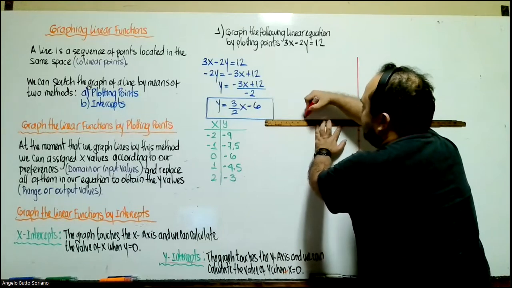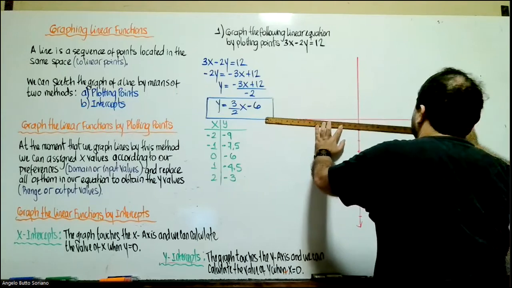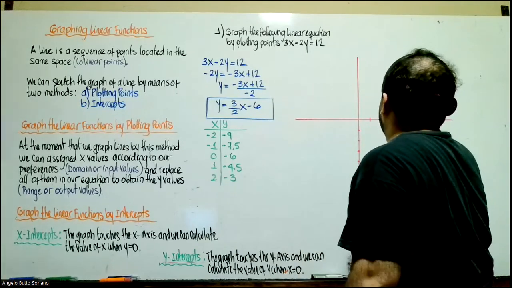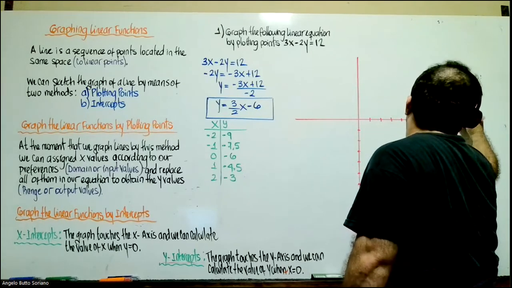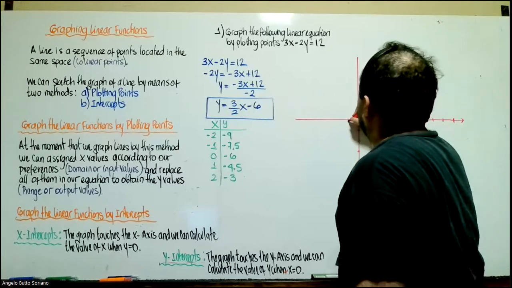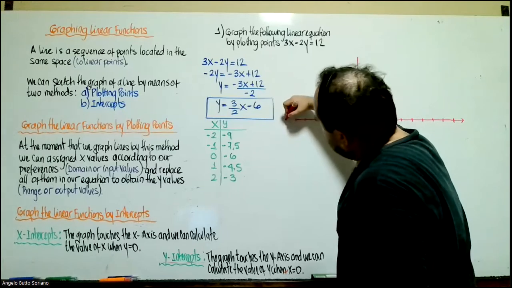I'm increasing the values on the y-axis because we have negative values. 1, 2, 3, 4, 5, 6, 7, 8, 9, and 10. 1, 2, 3, 4, 5, 6.